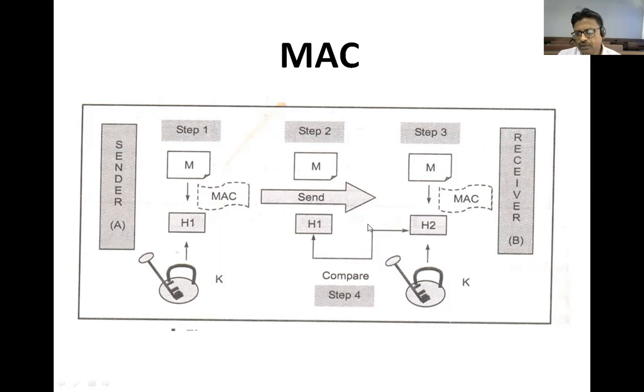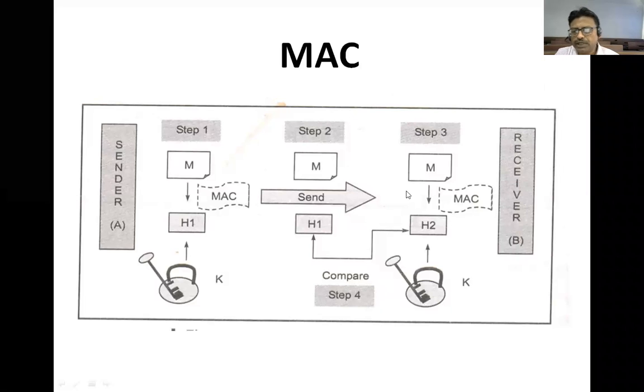And if it has also received H1, and this H1 and H2 are the same, the receiver will be able to know, first, that H1 is equal to H2. It means there is no alteration in the message.